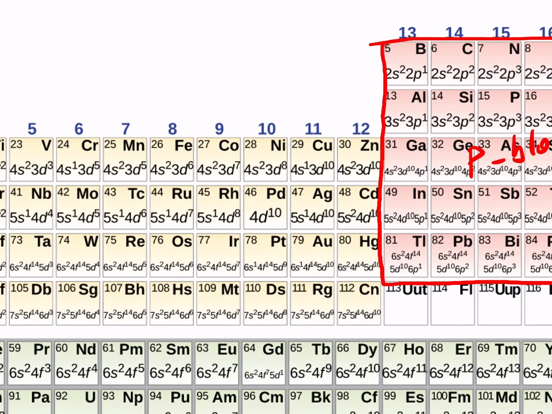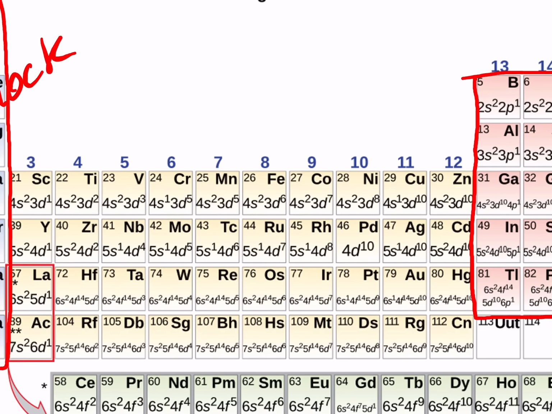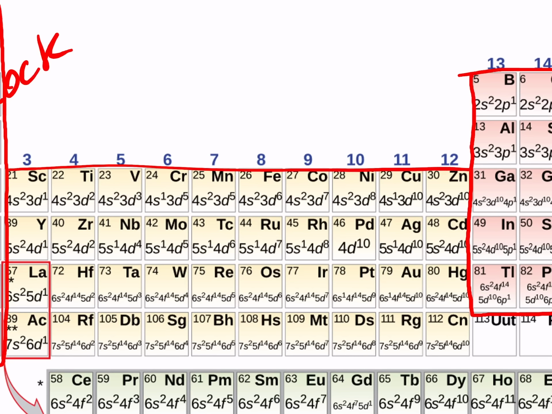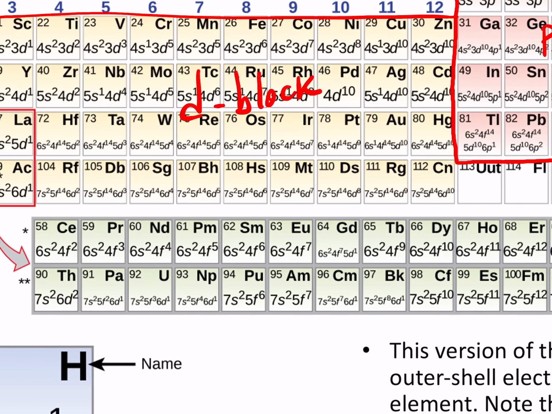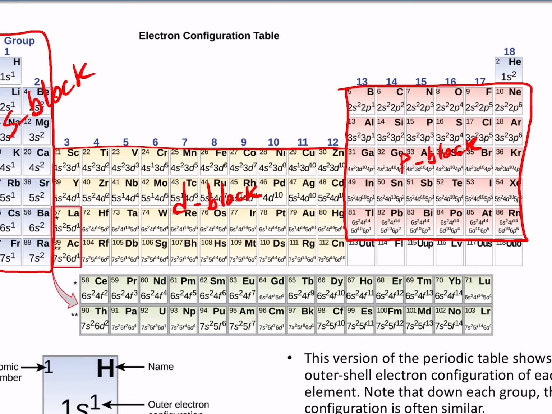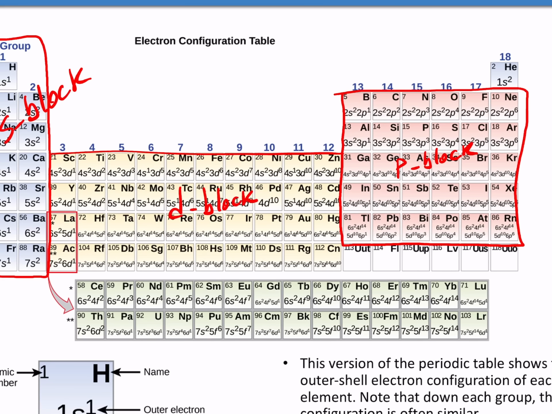Right down the middle, the last electron is being added to a d orbital, so consequently this is the d block. And down here in the rare earths, the lanthanides and the actinides, the last electron is going into an f orbital, so this is the f block.